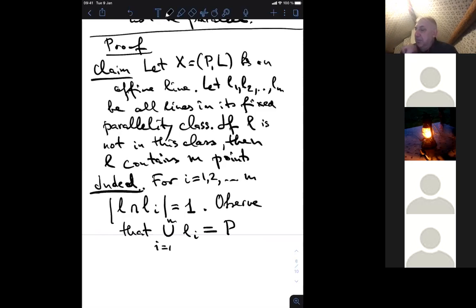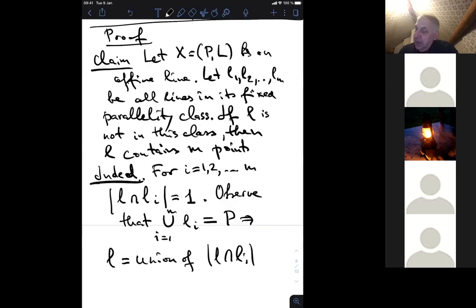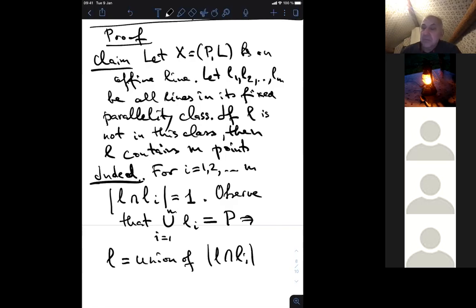Because we had this axiom that through any point there is a line parallel to a given line. So the union should cover the whole thing. And this will imply that L equals the union of its intersections with all Li's, and that means that L contains m points.